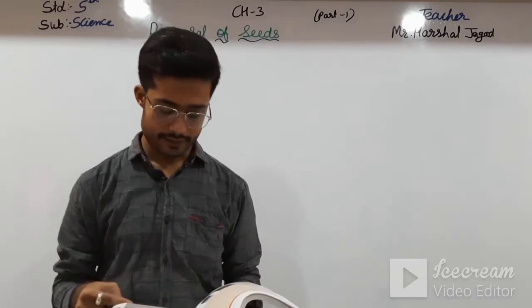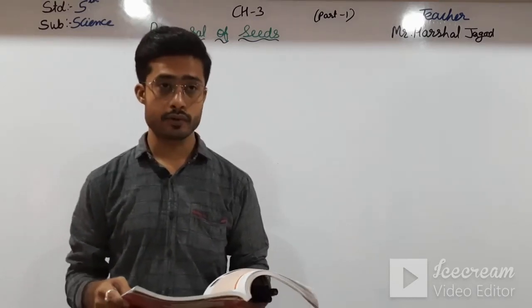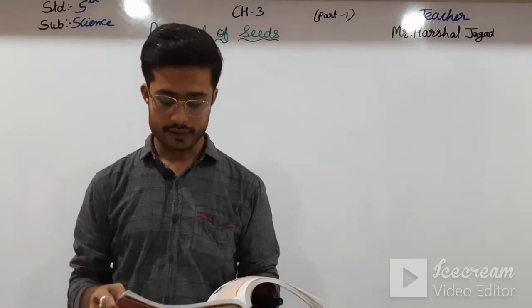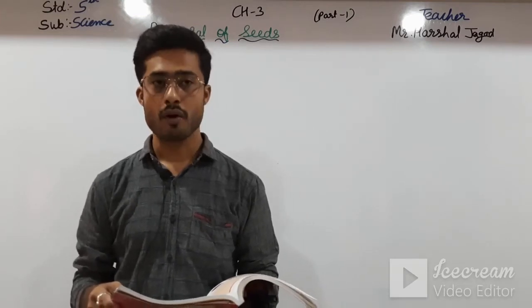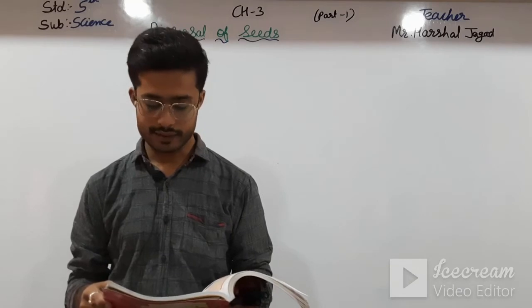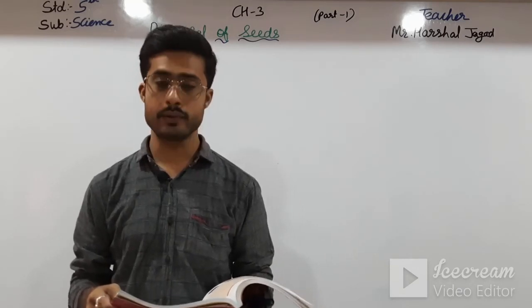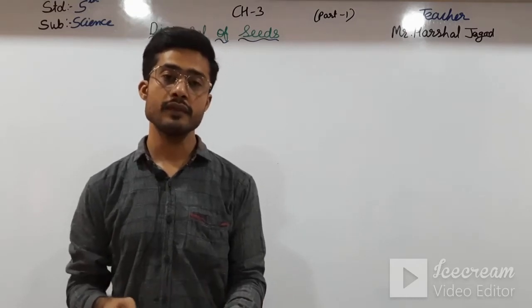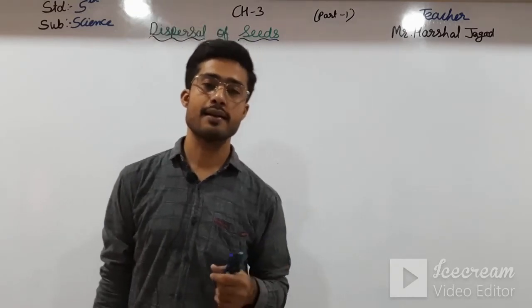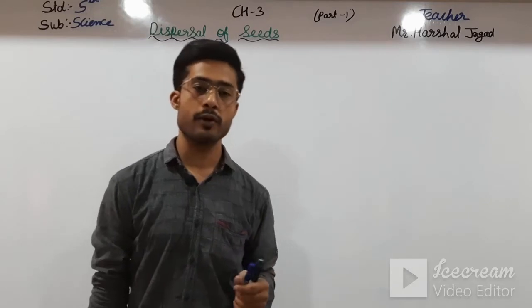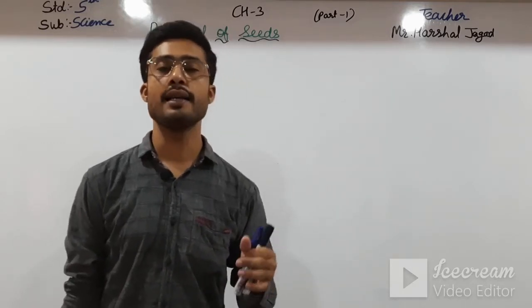Let us see: plants reproduce through many methods, through seed, stem or roots of the mother plants. The most common method of reproduction is through seeds. Okay students, in plants the most common reproduction is by seeds.